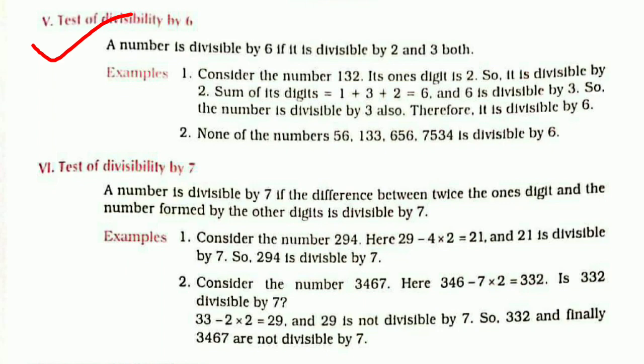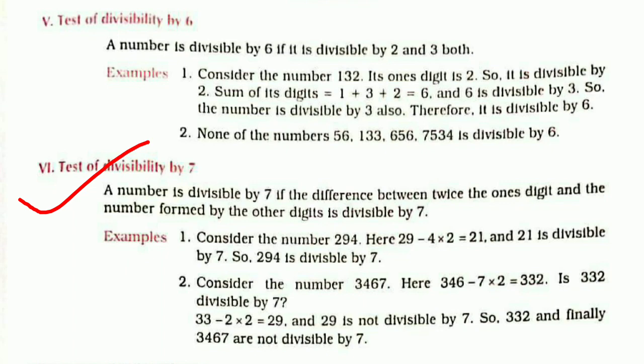Now we are moving to the next divisibility rule, test of divisibility by 7. A number is divisible by 7 if the difference between twice the ones digit and the number formed by the other digits is divisible by 7. Now look at the example.